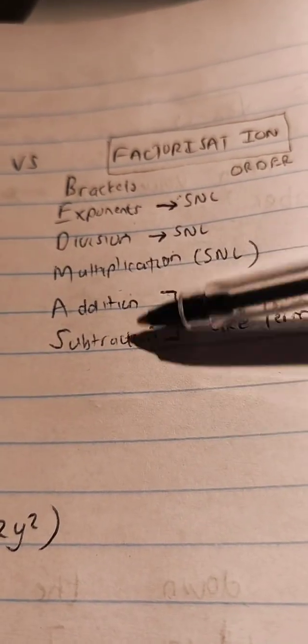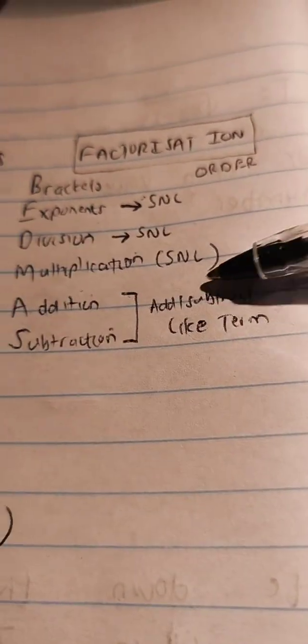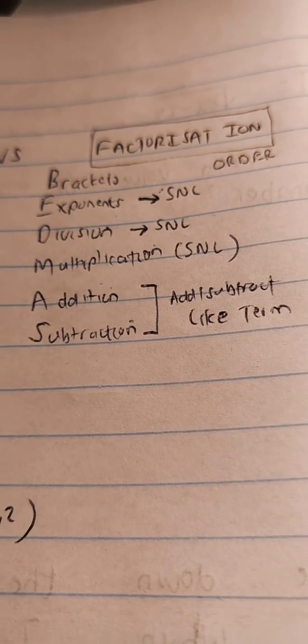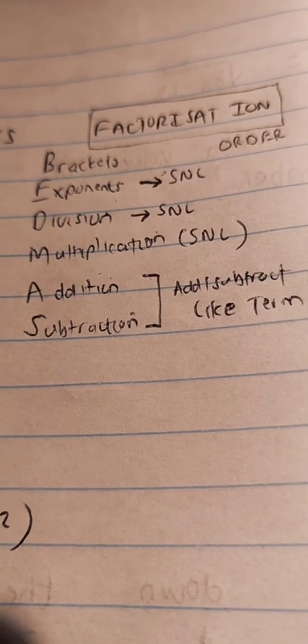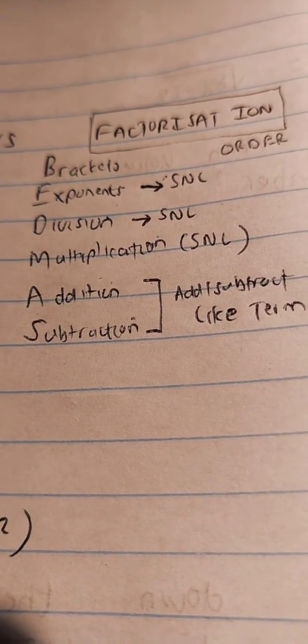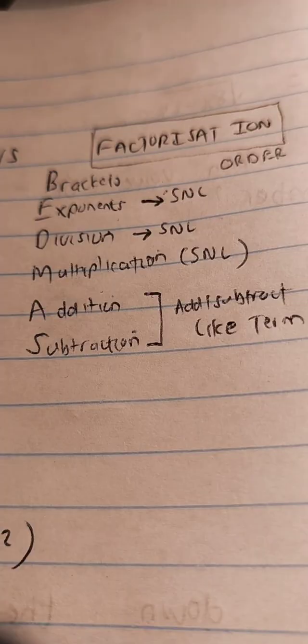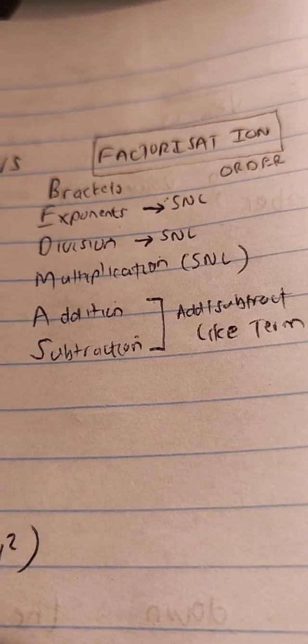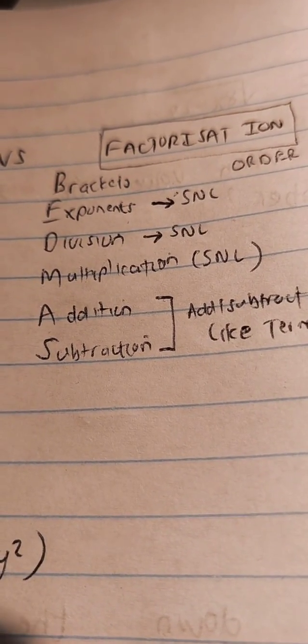Then when addition and subtraction is there, you must take note, do I have like terms? If you do, you can add and subtract them. If the terms are unlike, you leave the terms as they are. This, guys, summarizes what we need to do with products.